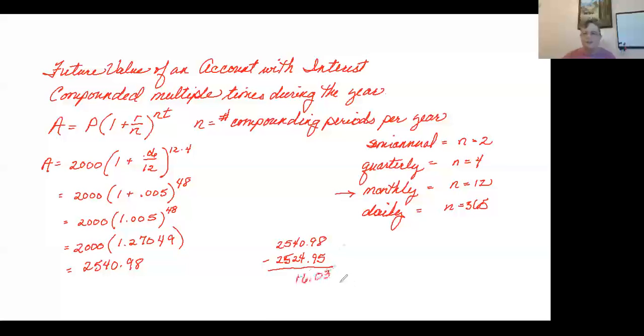Changing it from annual compound interest to monthly compound interest did not make a huge difference. Another $16.03. I guess every little bit helps.